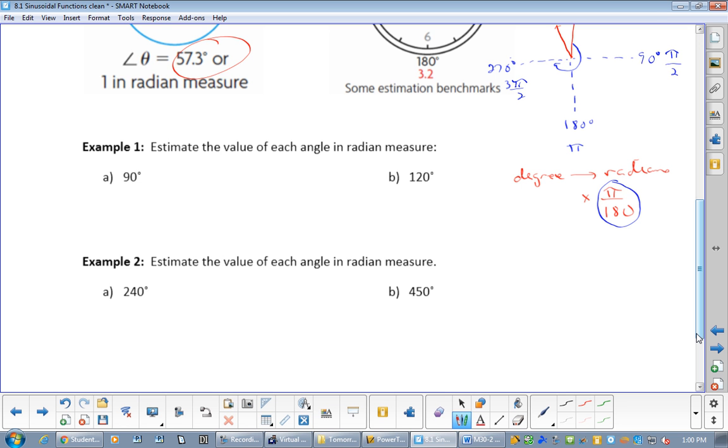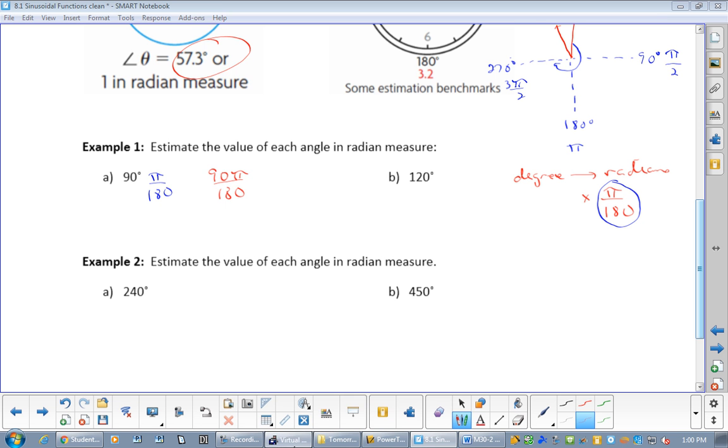Now, all you do is multiply this by pi over 180. Here's the way that you've got to do this. 90 times pi would be 90 pi over 180. Leave the pi where it is.